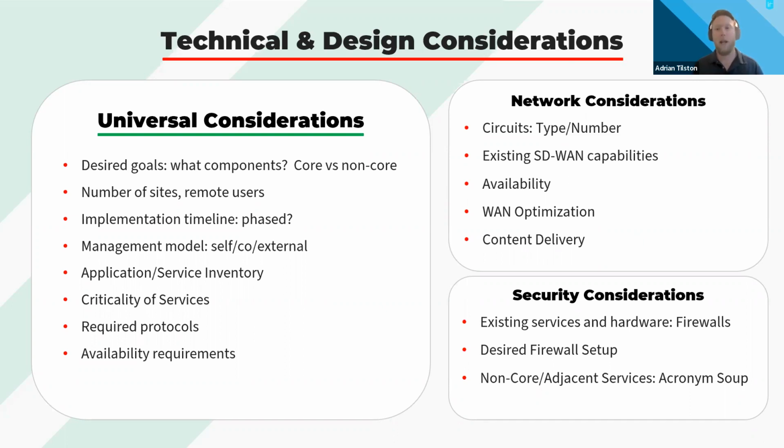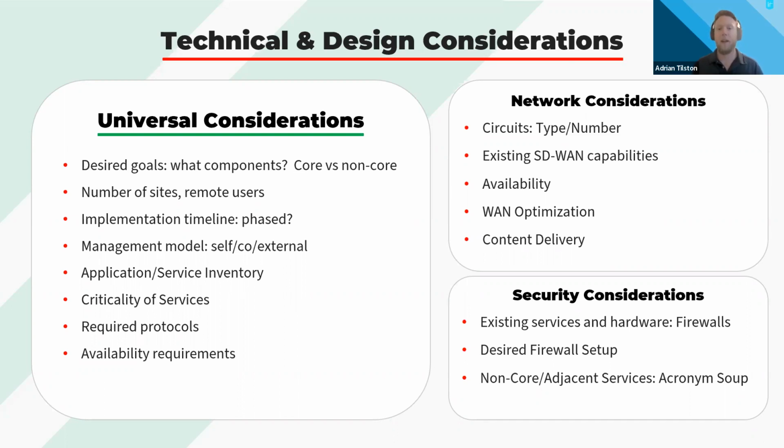And really the criticality of services. You need to prioritize whether or not your VoIP system for your branch locations is a requirement, because if your revenue is based off of that system, then that becomes very important. And maybe SD-WAN as a component is very important for you because you need the prioritization of that specific protocol.